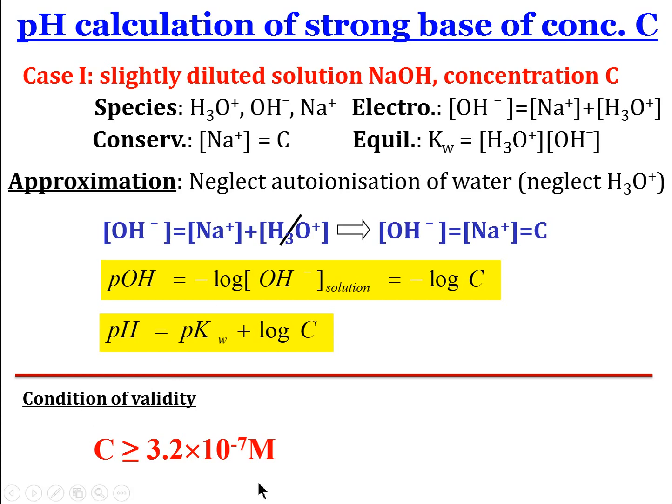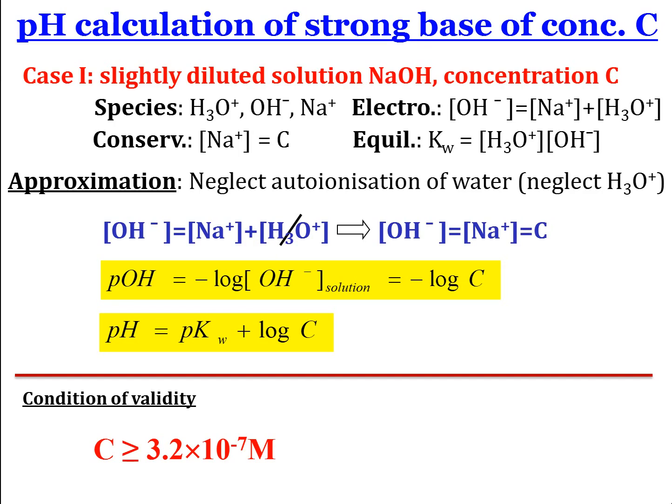By the same calculation done in the acid-base case, we obtain a concentration which is greater or equal to 3.2 10 minus 7 molar.